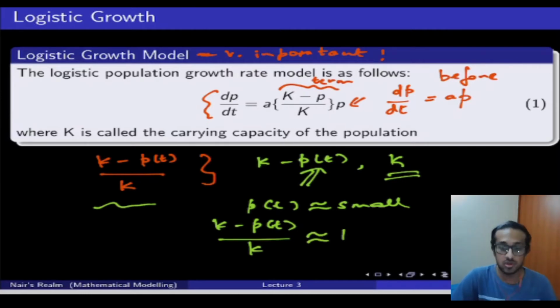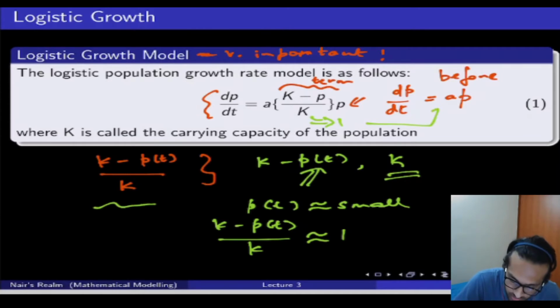What does that mean? If you put (K - P(t))/K equal to 1 back in this equation, what do we end up with? We end up with the exponential growth model that we were looking at before.